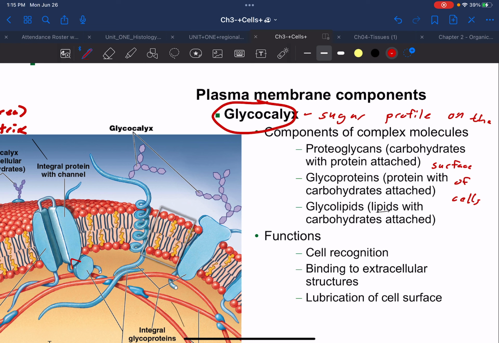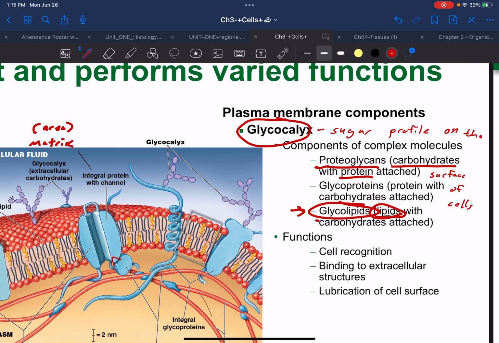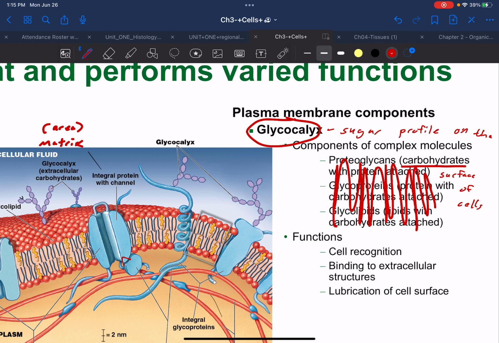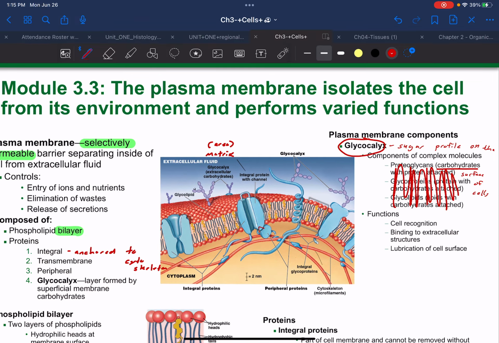So if it's a carbohydrate attached to a protein, then it's a proteoglycan. And if it's a carbohydrate attached to a lipid, then it's a glycolipid. With this one, we've already explored, and we have to know what a glycolipid is. But we're going to keep it light for this segment, and you don't have to worry about really being able to recognize this. You should already know what a glycolipid is in general.